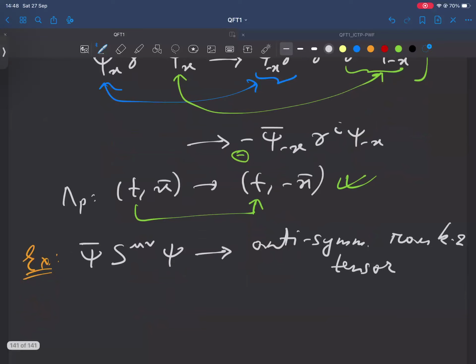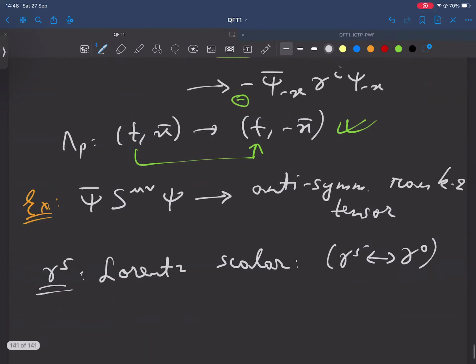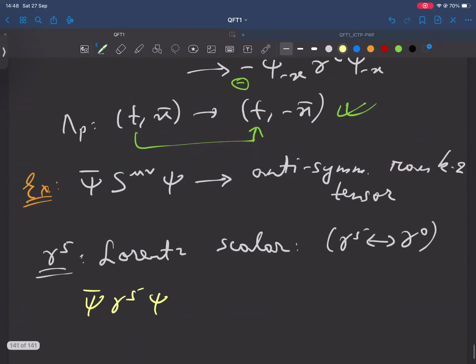But notice that we have another thing, which is this gamma 5, and we argued that this was also a Lorentz scalar. We secretly know that this gamma 5 is nothing but gamma 0 in a different basis, so they must have the same properties. With this, you can construct two more objects: psi bar gamma 5 psi and psi bar gamma 5 gamma mu psi.